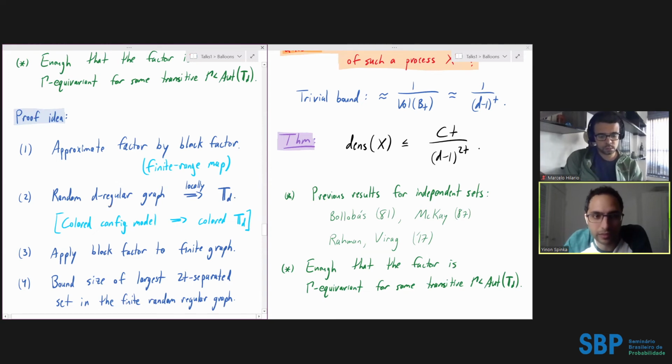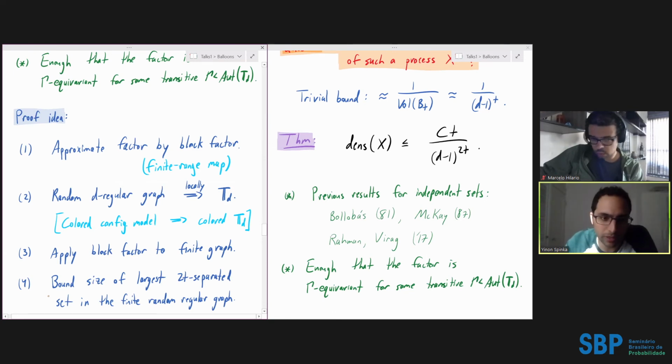Then we use the fact that a random d-regular graph converges locally to a tree. For this stronger result that I mentioned that we will need, we actually need a certain colored configuration model. We'll need to know that it converges locally to a colored version of the regular tree. This allows you to transfer the block factor map from the tree to the finite graph. So you kind of pull it back into the finite setting.